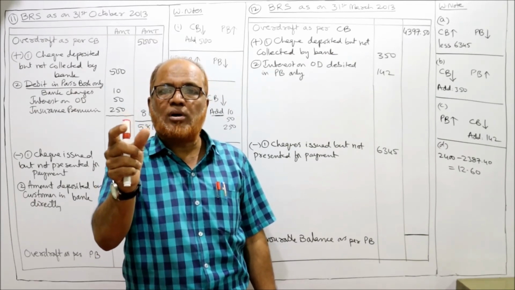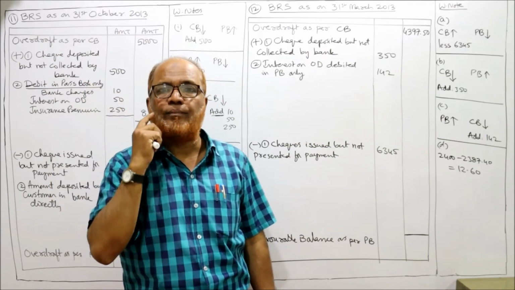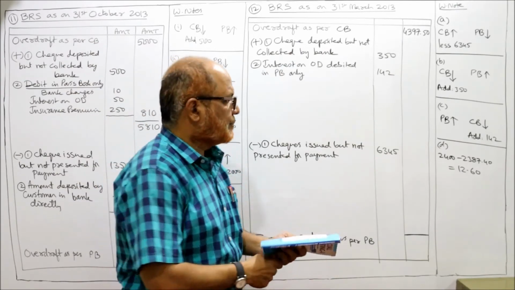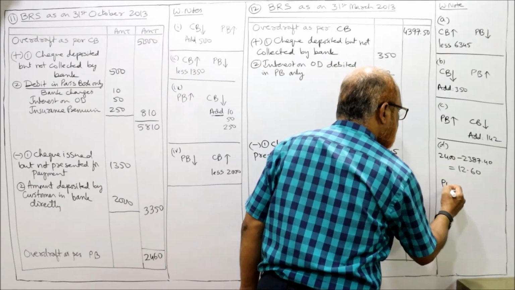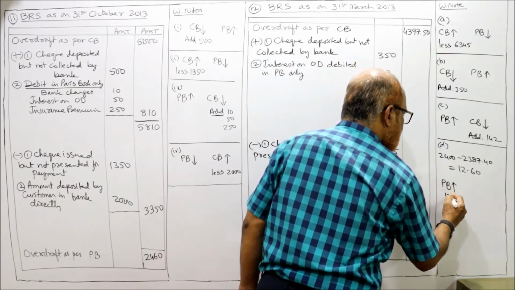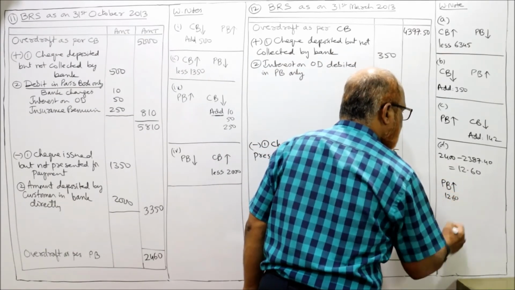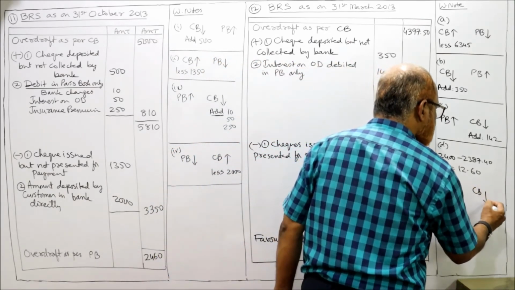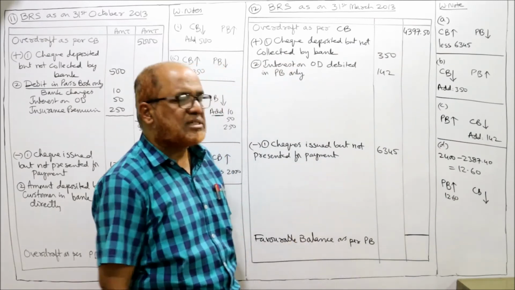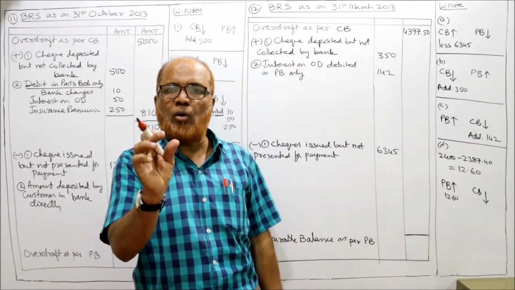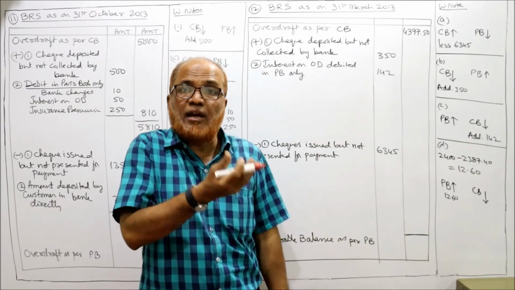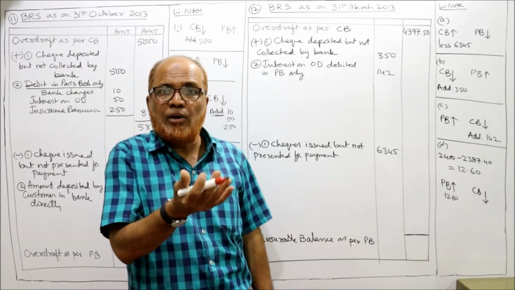The passbook overdraft will show more by 12.60, whereas cash book overdraft will show less overdraft by 12.60, because we have taken more amount in the cash book.